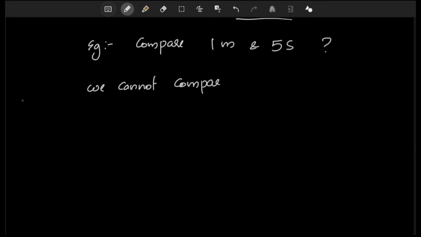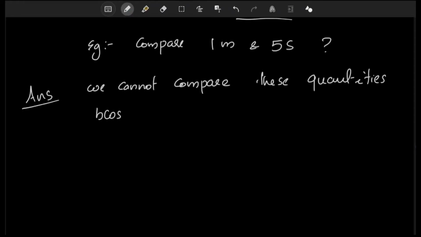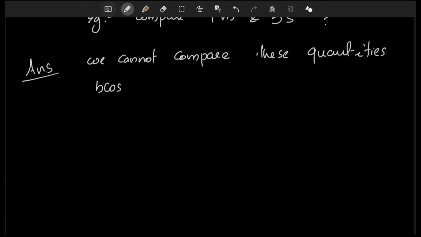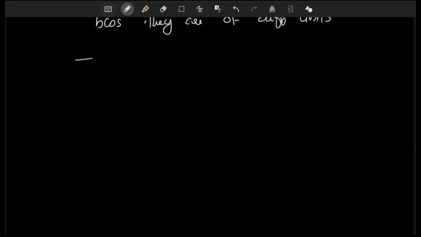We cannot compare these quantities, because they are under different groups, because they are of different units or different categories. So we cannot compare.